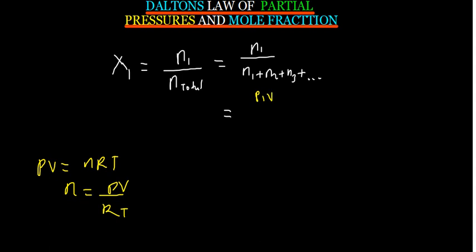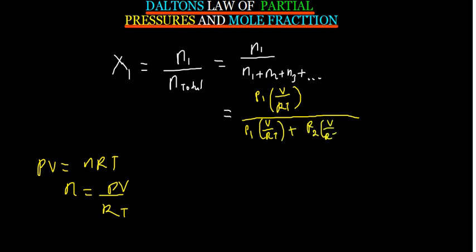Remember, volume is constant, and R and the temperature are also constant because we're talking about the same container. So that will be P1 and then V over RT. This is divided by, going down, N1, which is P1 V over RT, then the next one, P2 V over RT, and then the next one, P3 V over RT, and it continues.